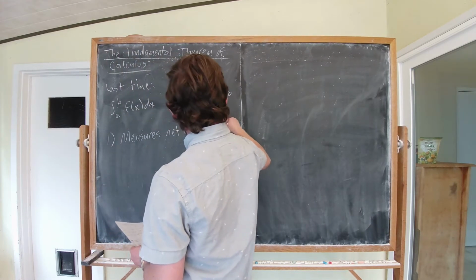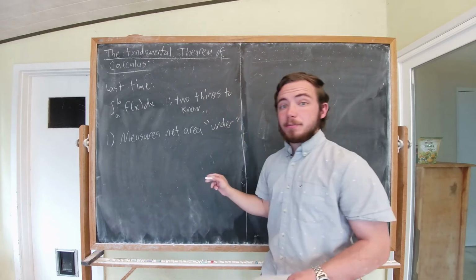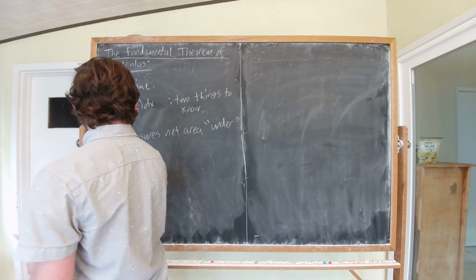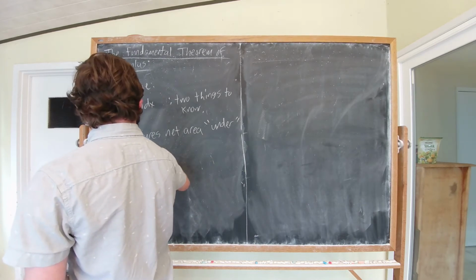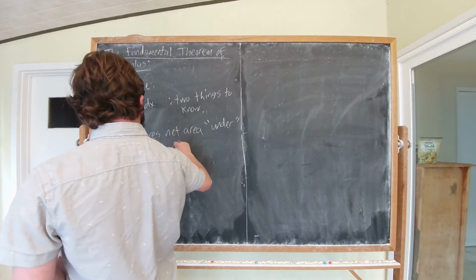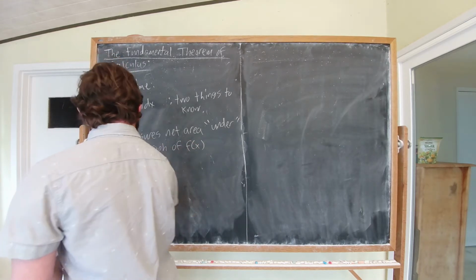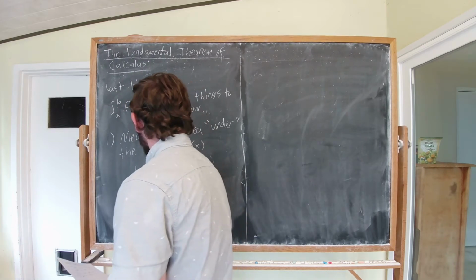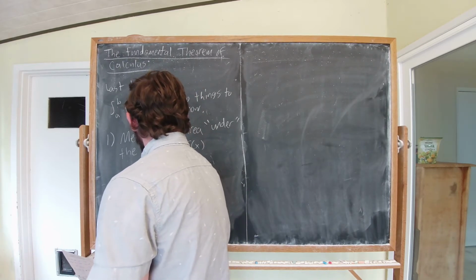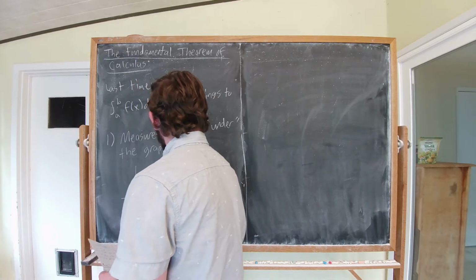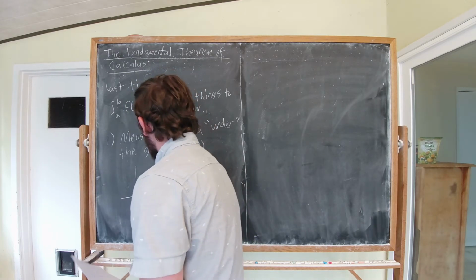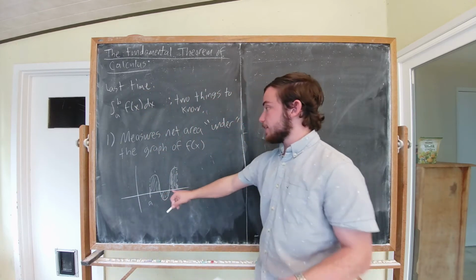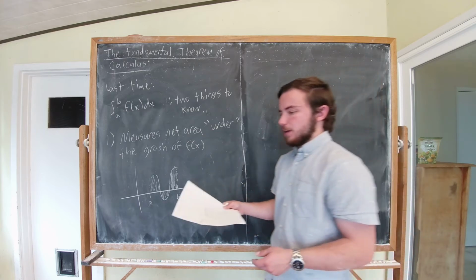And I put under in quotes because under means just closer to the x-axis. Our picture for that is it measures this thing, subtracting away any sort of negative area.